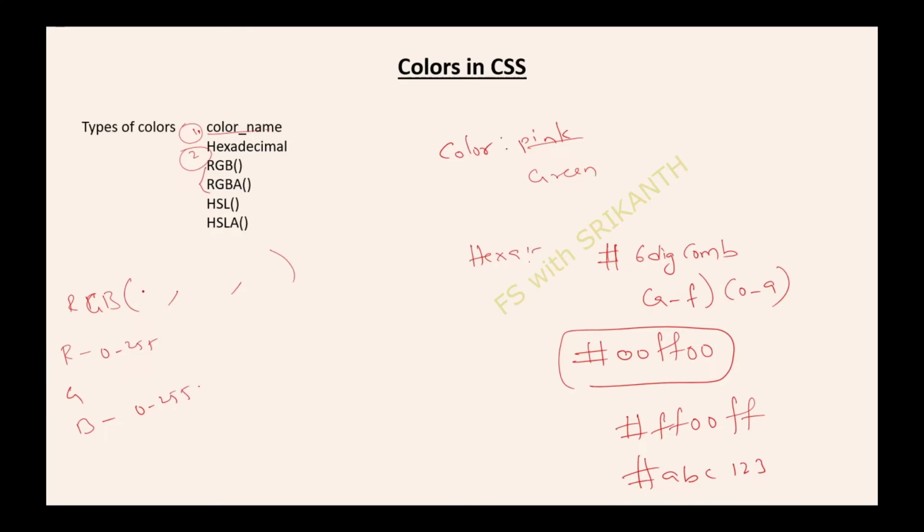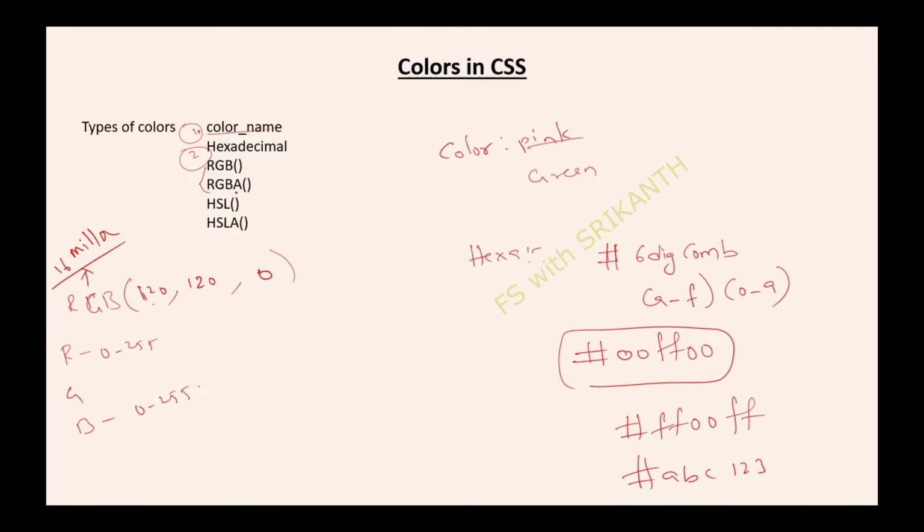Based on these values, suppose 120, 120, 0, it is a combination of red and green, and we get one color. In total, with this RGB format we get 16 million colors.